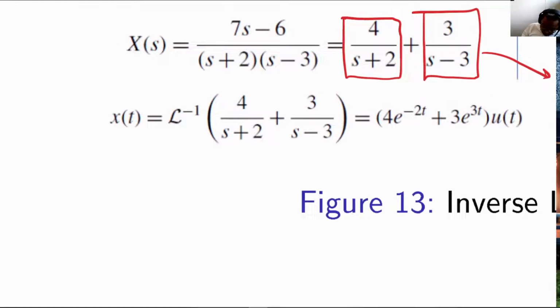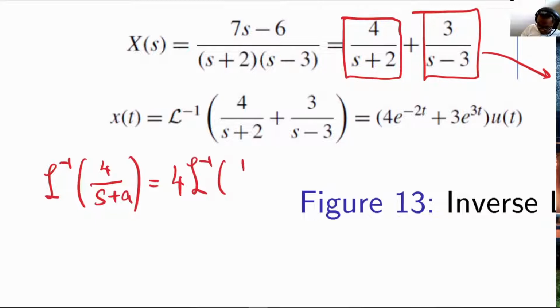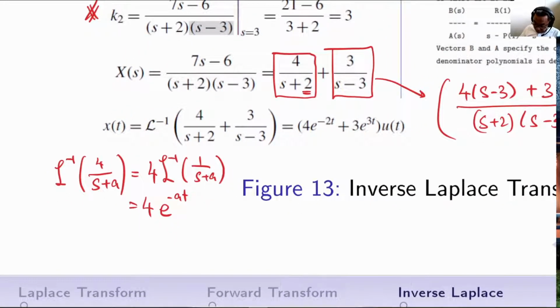It is simply the inverse Laplace transform of 4 over s plus a, which equals 4 times the inverse Laplace transform of 1 over s plus a, which equals 4e to the minus at. And what is a? In this case, plus 2 will become minus 2t here. Alright? So you can do the rest.